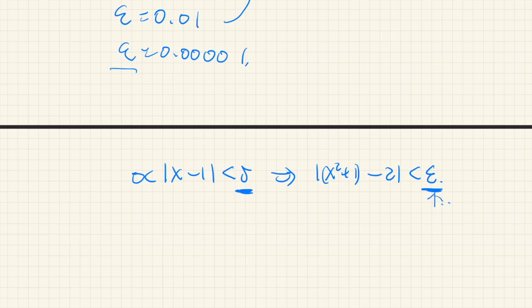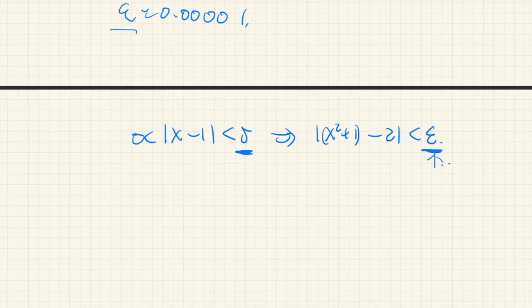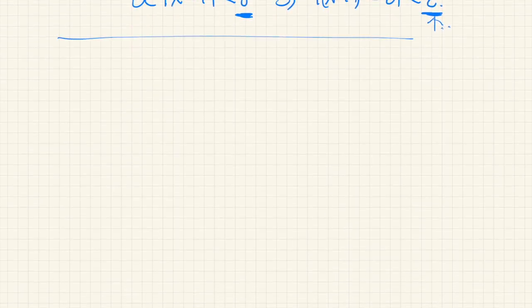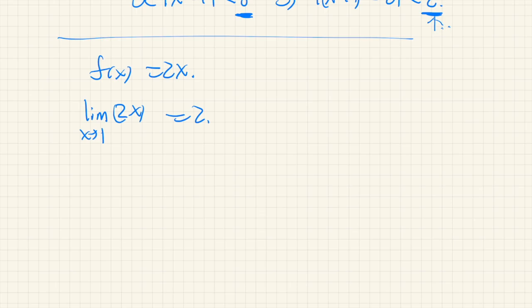It's an exercise. This may be a little bit difficult, so let's consider a simpler example. Consider a linear function, f of x equals 2x, and let's show that the limit of 2x as x goes to 1 is 2.